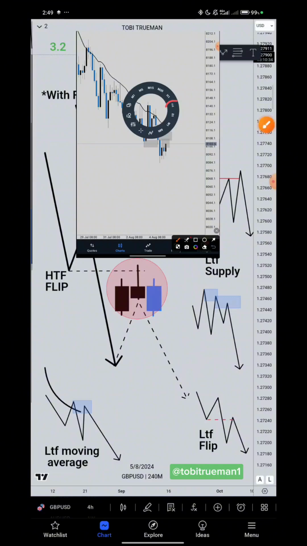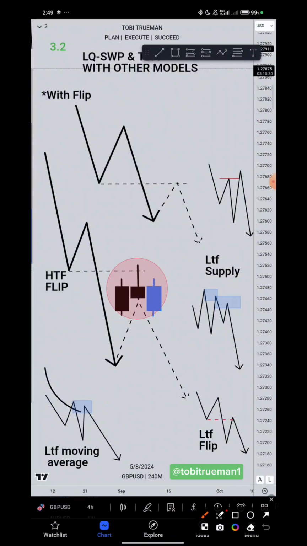Then in that place, we might see three major things, or even four. But let's focus on the three first. The first one we might see is a lower time frame flip.